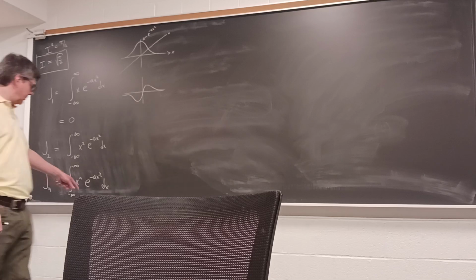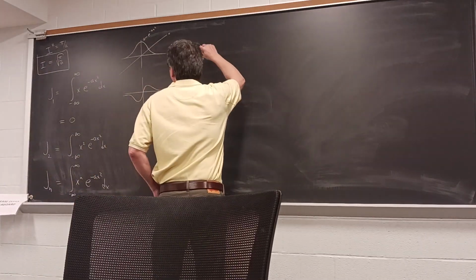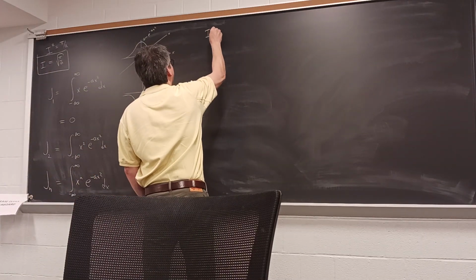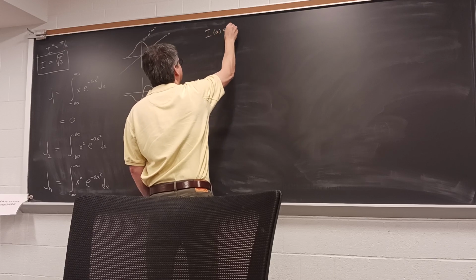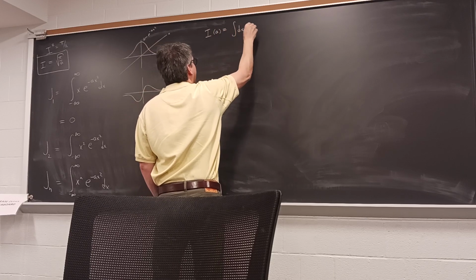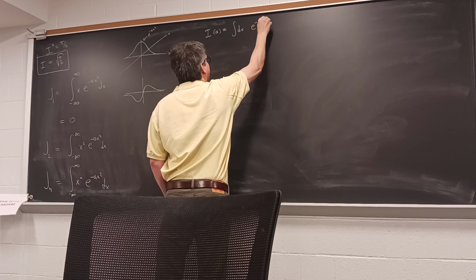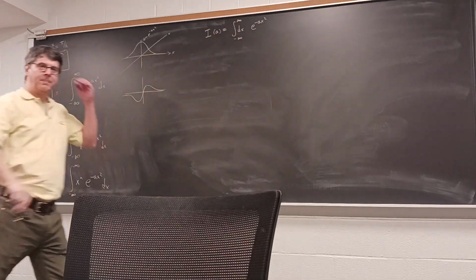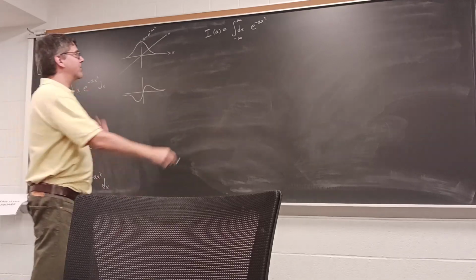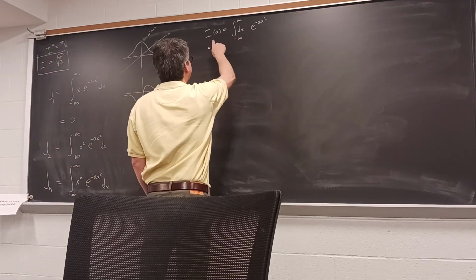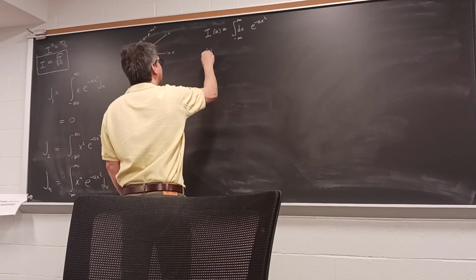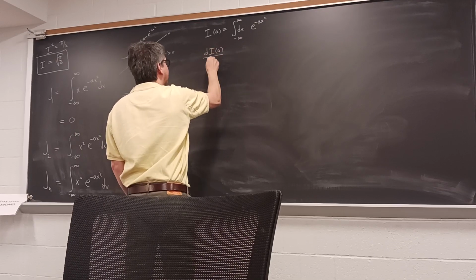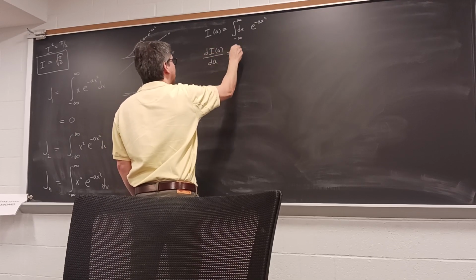So how do we do that? We can look at the first integral that we wrote down as a function of a. It's the integral over dx of e to the minus a x squared. But it's a function of a, so I can take the derivative dI/da.